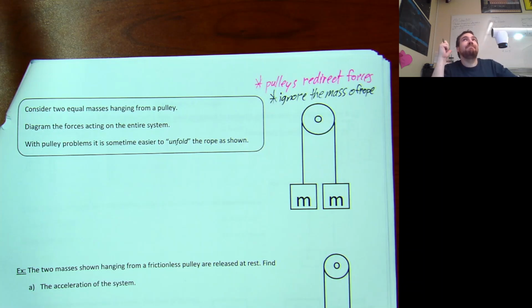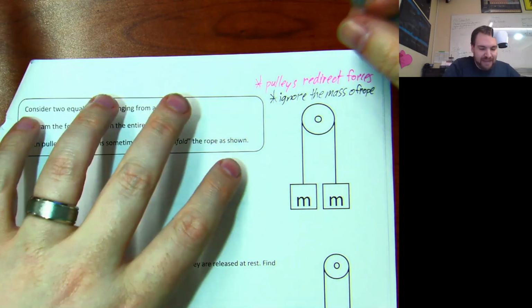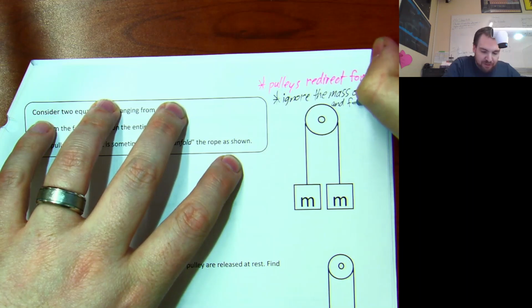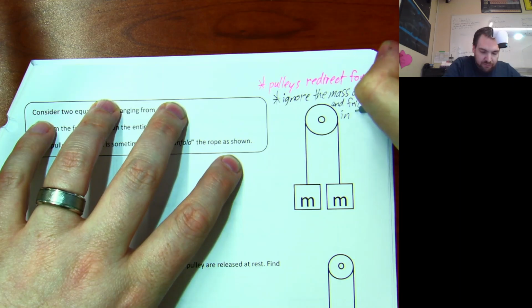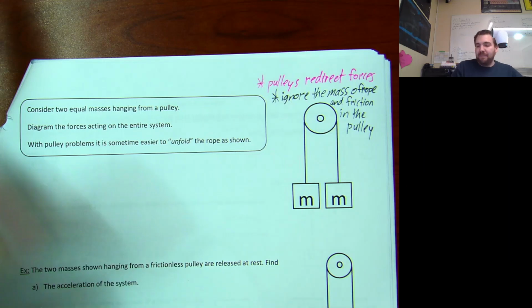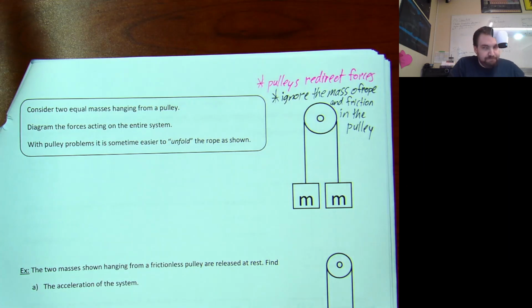I did it for the first time as part of my master's, and it's way more complicated than even I thought. So we're going to ignore the mass of the rope and friction in the pulley. For all of these questions, we're going to assume that the rope has no mass and that the pulley has no friction. Both of those aren't true, but for the sake of what we're doing, we're going to assume that it is.